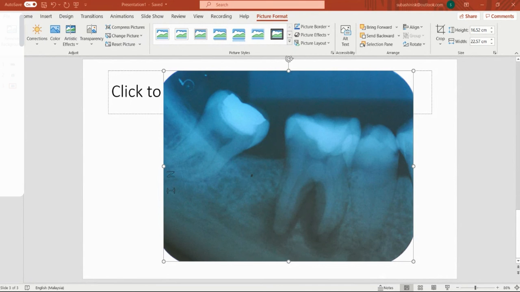Okay, so this was the case. Another panoramic radiograph showed oligodontia. You know what is oligodontia? Some missing teeth. Yes, missing teeth.